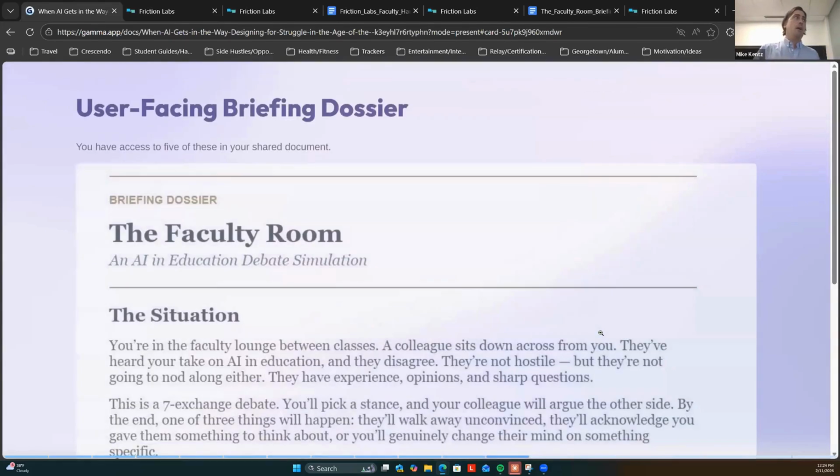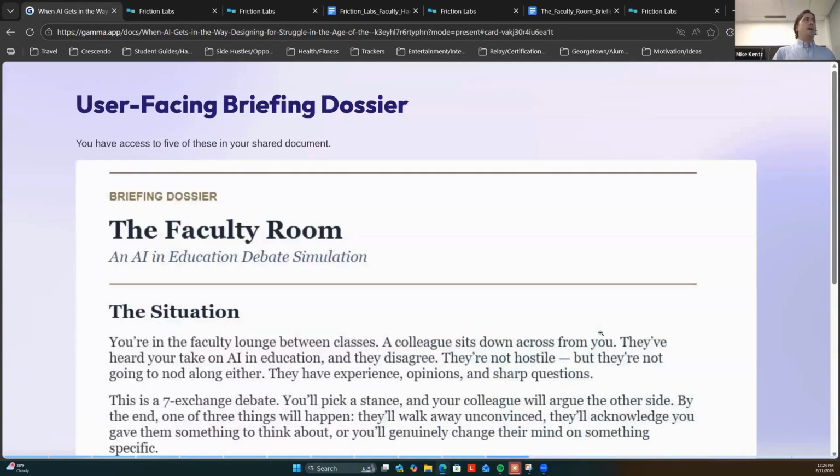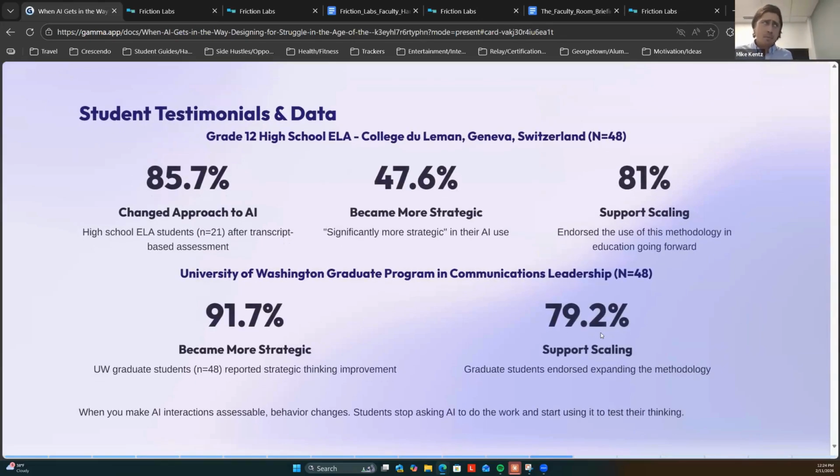Let me tell you a couple more examples. I'm going to come back to that slide. We've done a couple of formal experiments on this. One was in a grade 12 high school ELA classroom at an international school in Switzerland. The number of students, I'm sorry, that's a typo. It should be 21. But a couple of really interesting data points, because the idea here was really to help faculty, give them a new way of assessing learning.